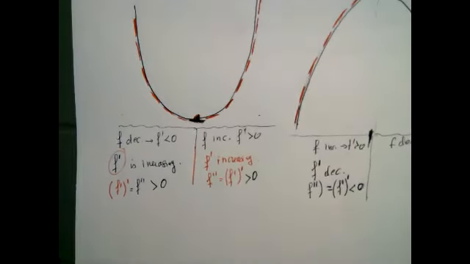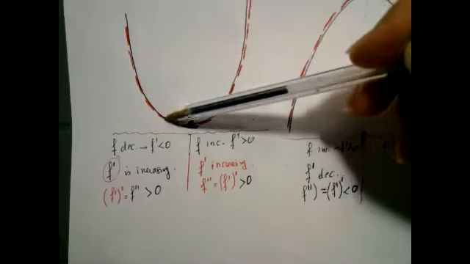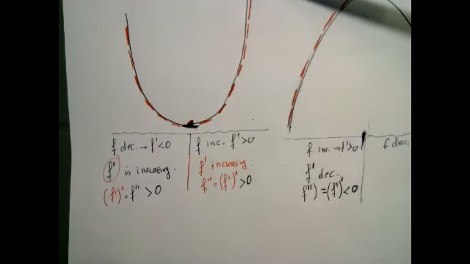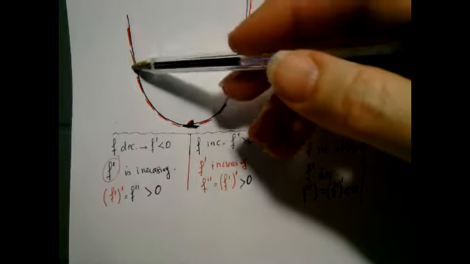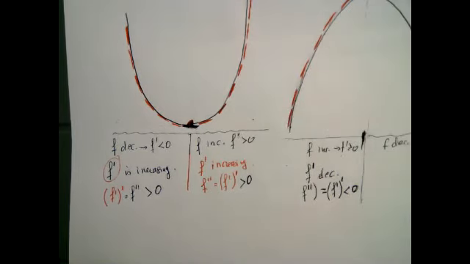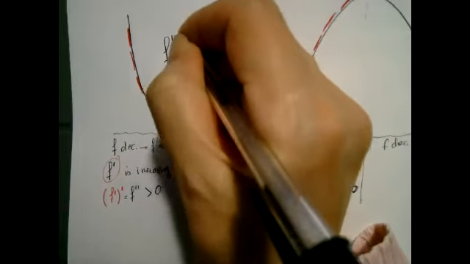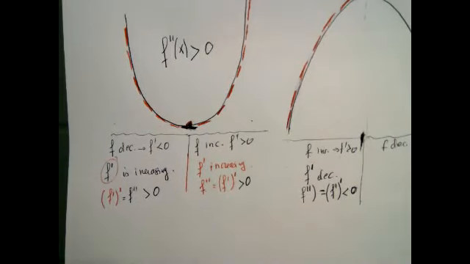Okay, so in this graph, when the function is concave up, whether it's concave up decreasing or concave up increasing, that's the only scenario possible, my second derivative is positive, and that's crucial.